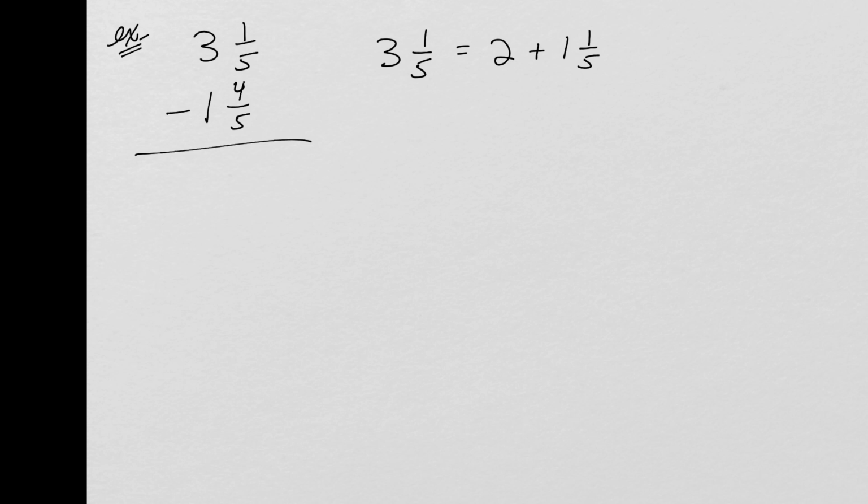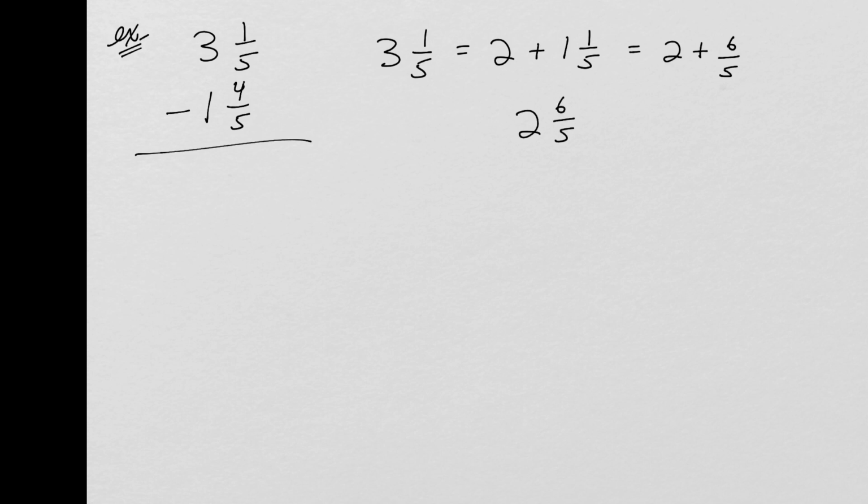But then if I write the 1 1/5 as an improper fraction, this is the same as 2 plus, remember how to convert that, right? 5 times 1 plus 1 is 6 over 5. And then if I write this back, it's not really a mixed number now, because it's kind of a funny way of writing it because the fraction is no longer proper. But in essence, you can think of it as 2 6/5.